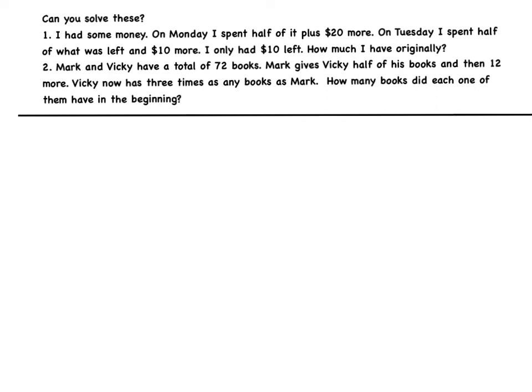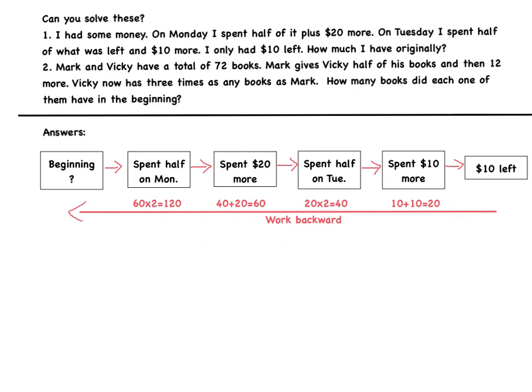Okay, so here are the answers to the 2 problems. For the first problem, again we use a chart, and then all we need to do is begin from the end and go backward. And for each operation that we performed in the beginning, we would do the inverse operation.